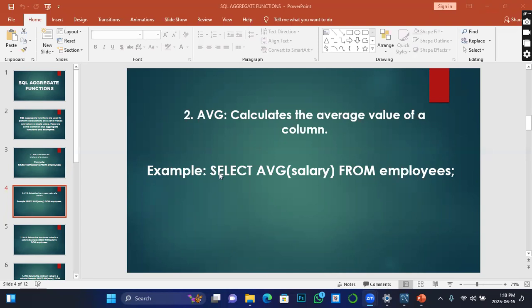Now you can see that these aggregate functions have similar syntax. The only place we are changing is the function, the same way you wrote for sum. So the question we are answering here uses the data I had at the time I was preparing this slide. This is still the salary payroll employee data set.